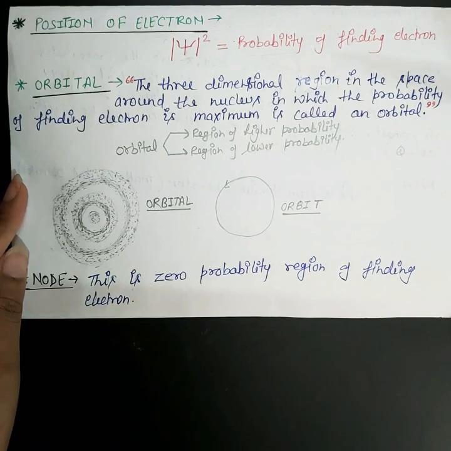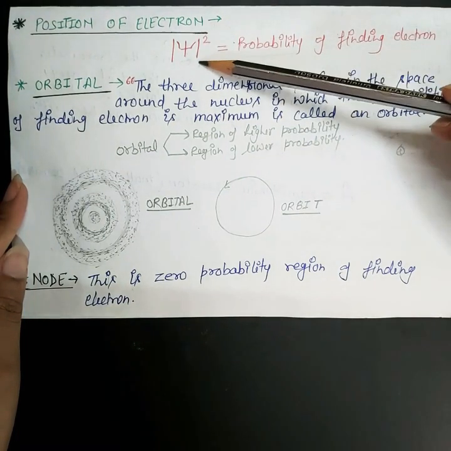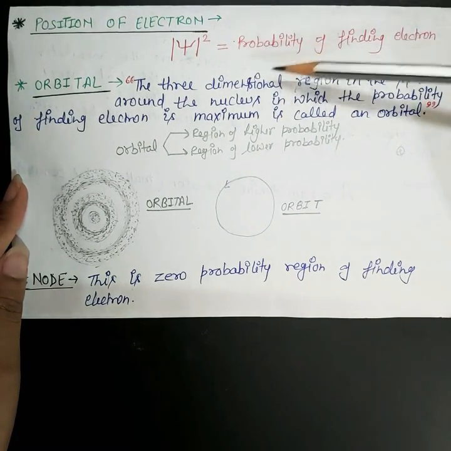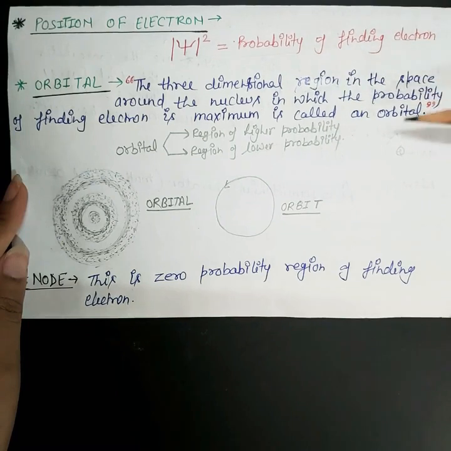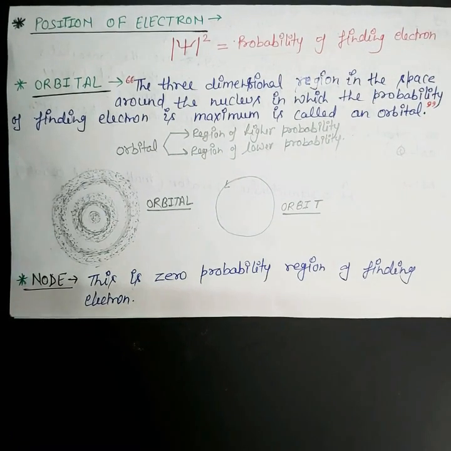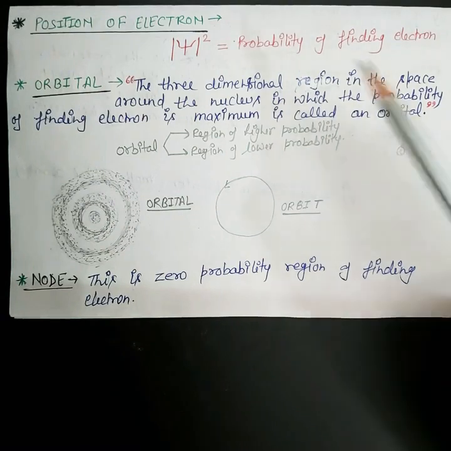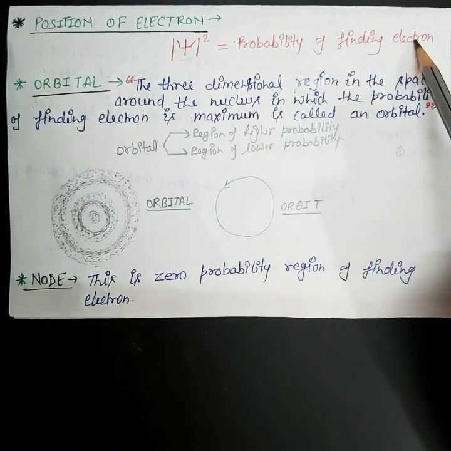Oppositely, if the value of mod psi square is less, then the probability of finding electron in that area will be less. So in this way, we have been introduced to the idea of probability of finding electron.